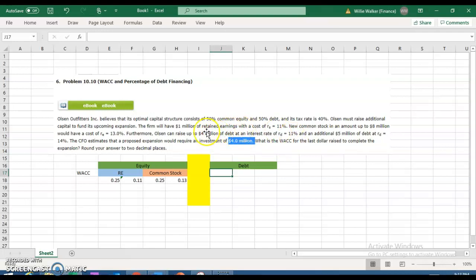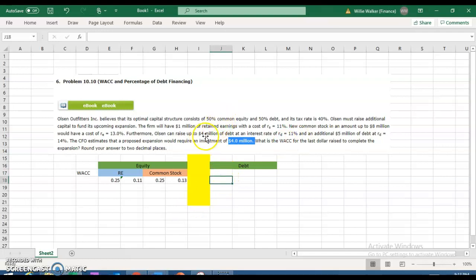Out of that 4 million, we only need 2 million, because remember we got $1 million from retained earnings and we got $1 million worth of common stock. So now we only need $2 million. So we're going to take 2 million out of that 4 million that we can use at 11%.